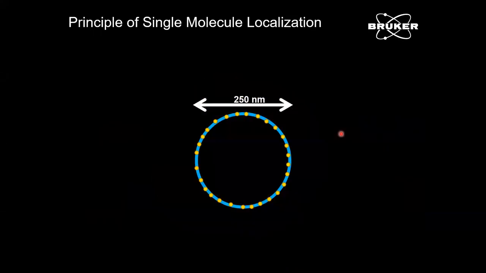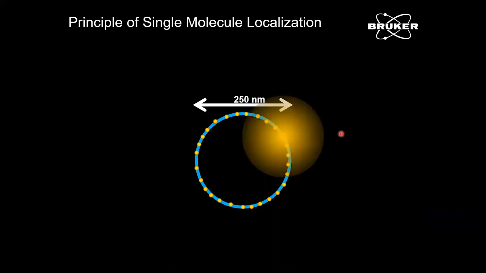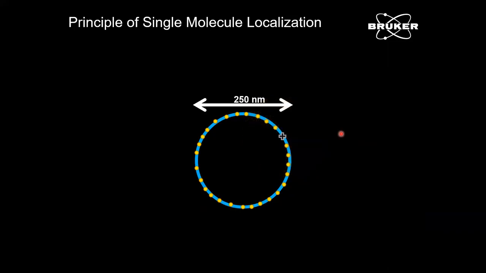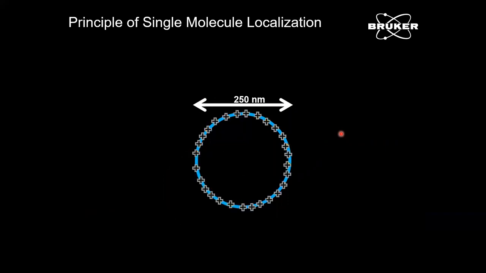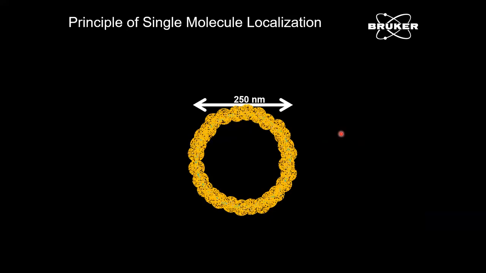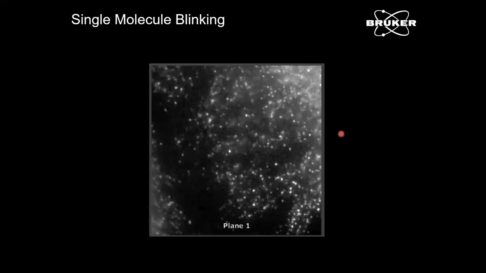With SML, these molecules behave in such a way that they're able to turn off and then back on one by one, so that the center of each position of each molecule can be recorded during an image acquisition. At the end of an acquisition, all these points are used to reconstruct a final super resolution image.